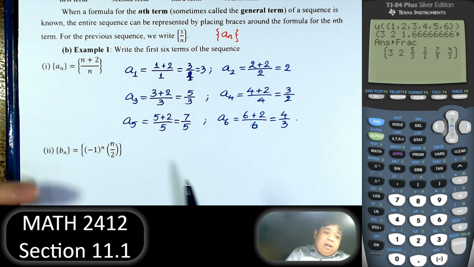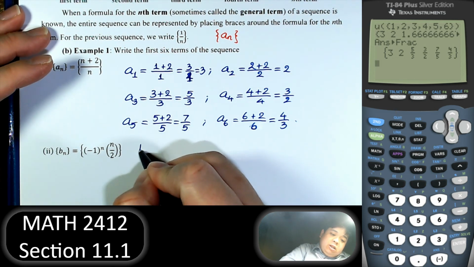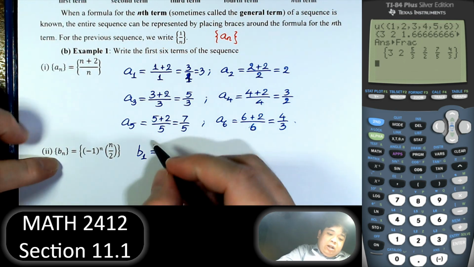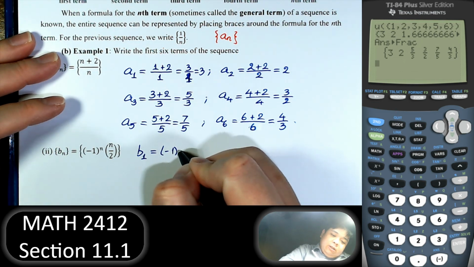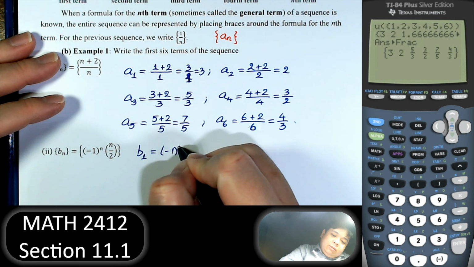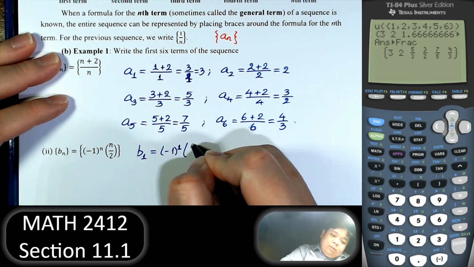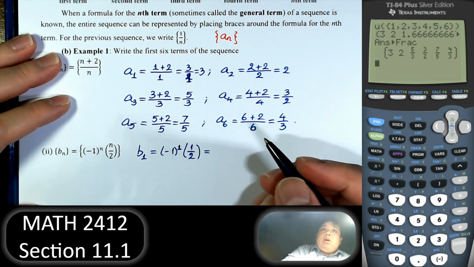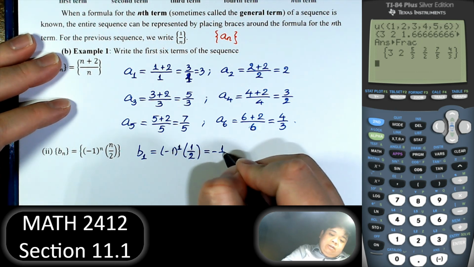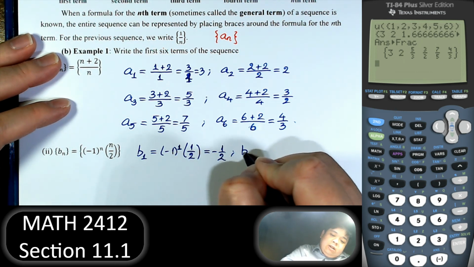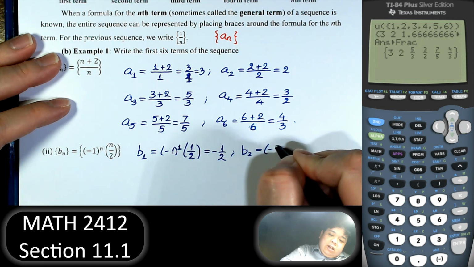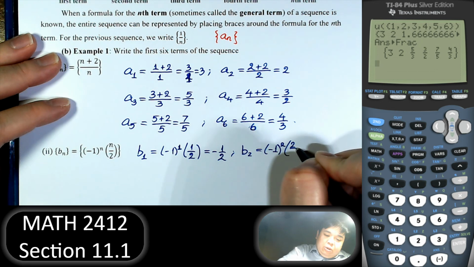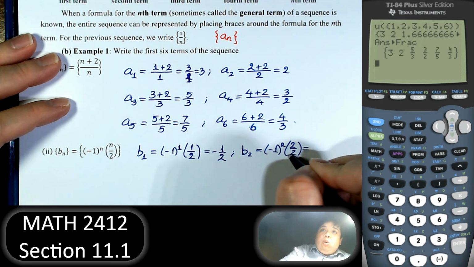Same thing here. For the first 6 terms of the sequence, we start from 1 and then so on. Put 1 in for n. So negative 1 to the first power is negative, 1/2. b2, negative 1 to the second, 2/2, so 1.